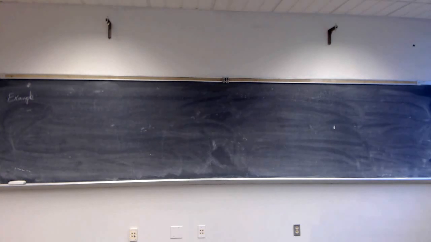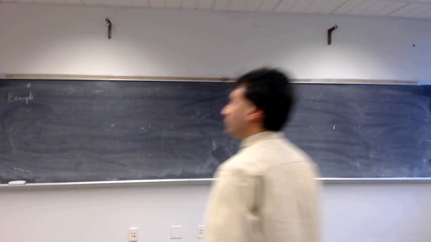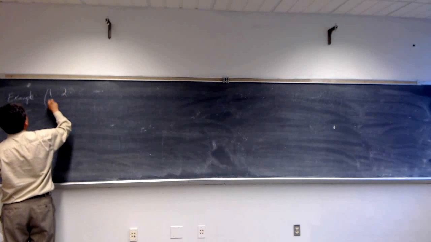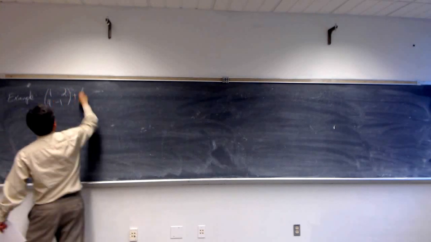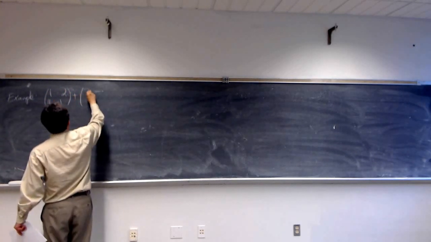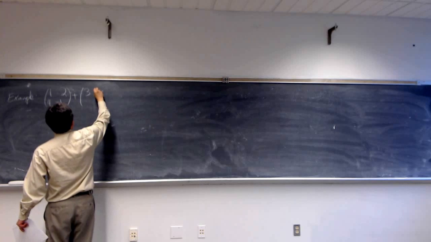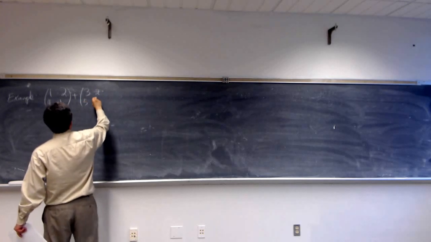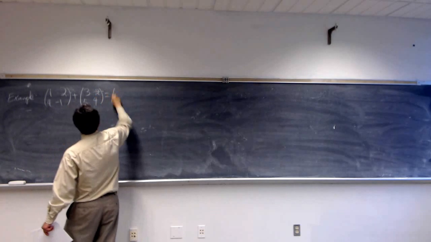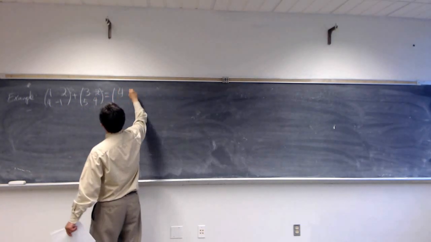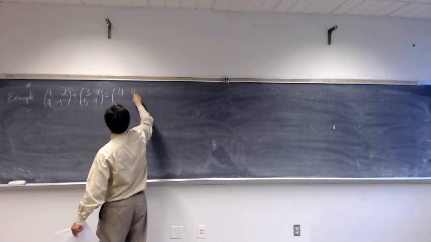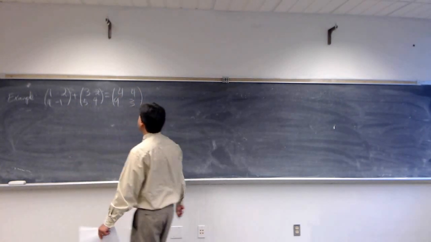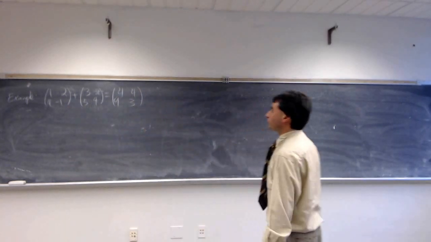Take 2 by 2 matrices and add them: 1, 2, 4, minus 1, plus 3, 2, 5, 4. It would just be 4, 4, 9, and 3. Pretty straightforward.